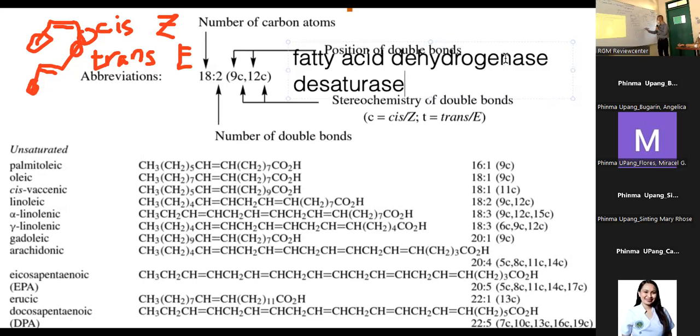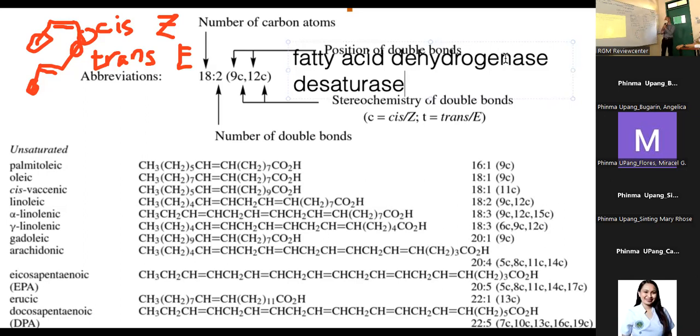Ayan, ulit. Double bonds at 9, 12, and 15. So this is your alpha-linolenic acid. Don't worry, isusulat ko to. Just give me time. I-drawing ko lang muna siya sa board.